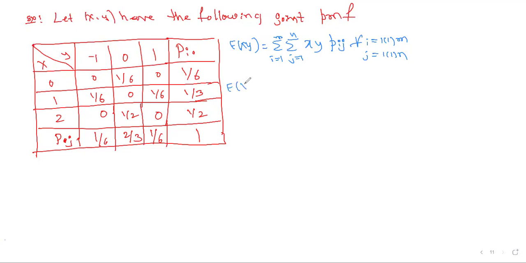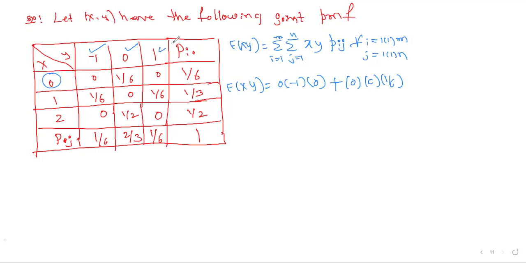So now, expected value of XY, X into Y. First we'll fix the X. So 0: 0 into minus 1 into this 0. Next, plus summation, 0 is fixed, minus 1 is completed. 0 is fixed, I'll go with 0. So 0 into 0, 1 by 6.